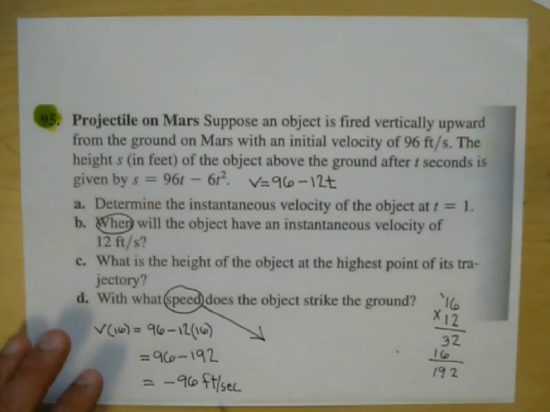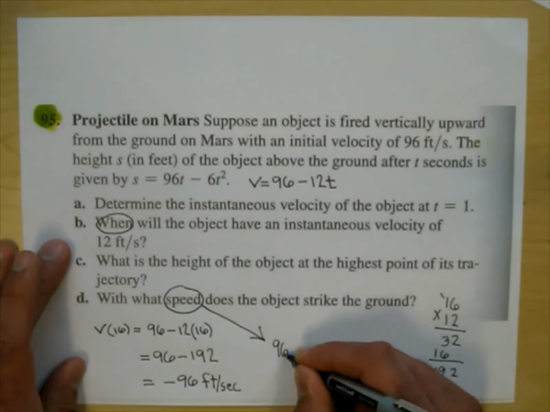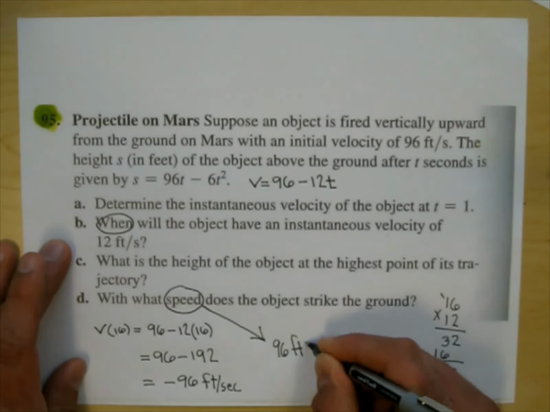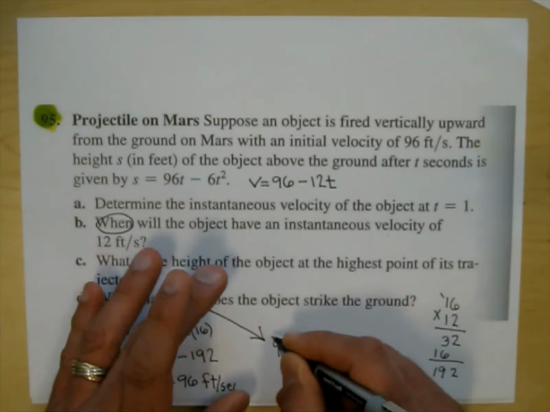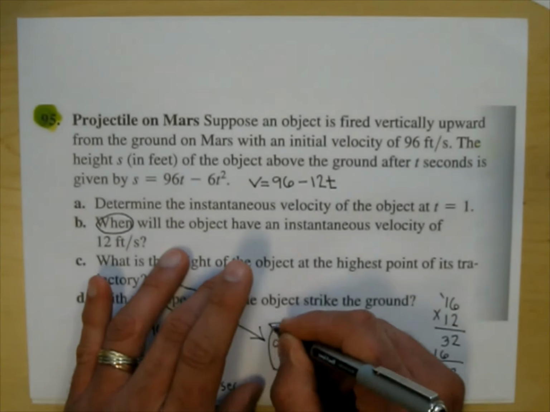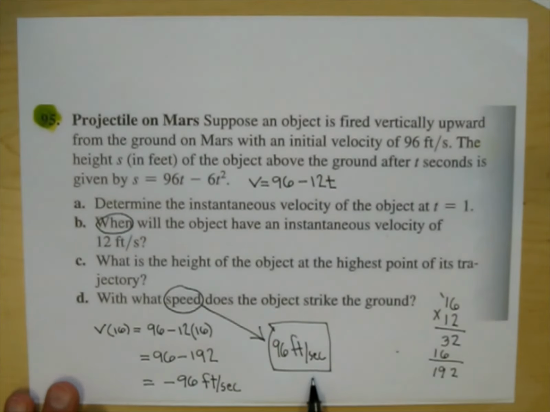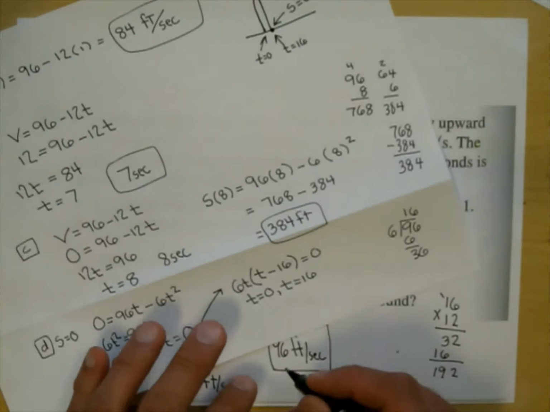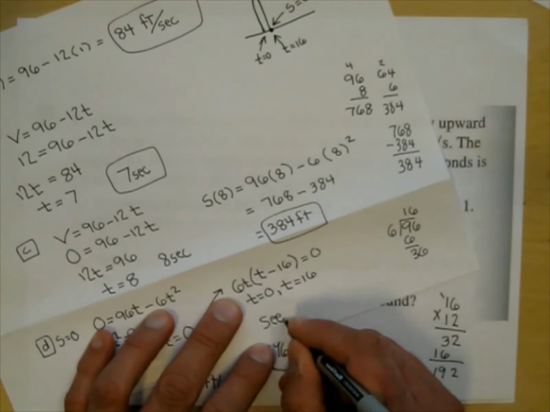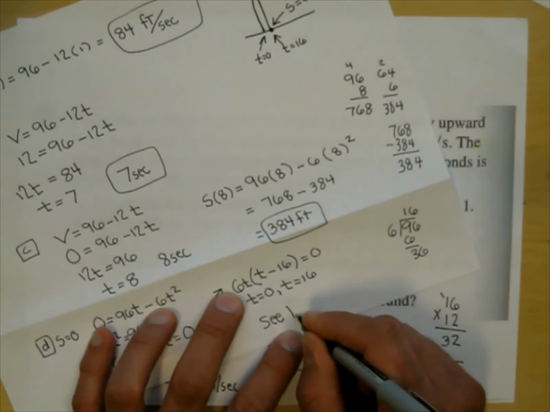So make sure you know that the speed is the absolute value of the velocity. So sure, it's negative 96 feet per second because it's going down, but the speed is 96 feet per second. And that answers part D. And so on this one, if you're looking back at the PDF, I'll just say see last page.